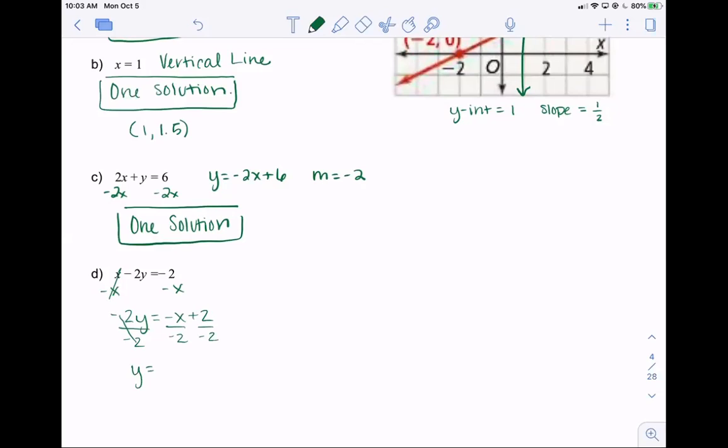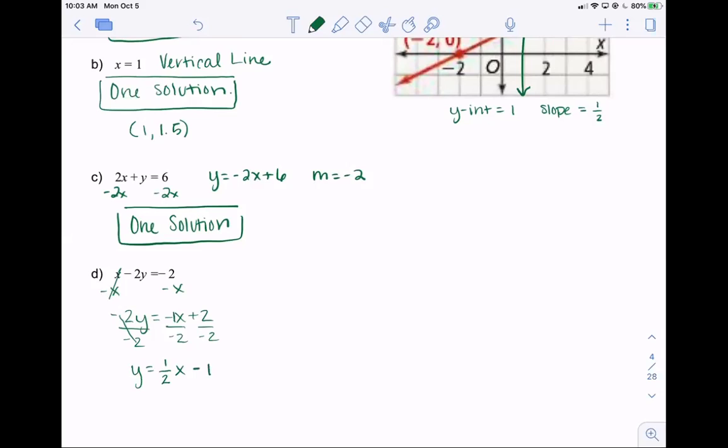What's the number in front of the x? Let's start there. When there's no number in front of x, it would be a 1. So we have negative 1 divided by negative 2. Positive 1/2 x. Okay. And then what's 2 divided by negative 2? How about negative 1?